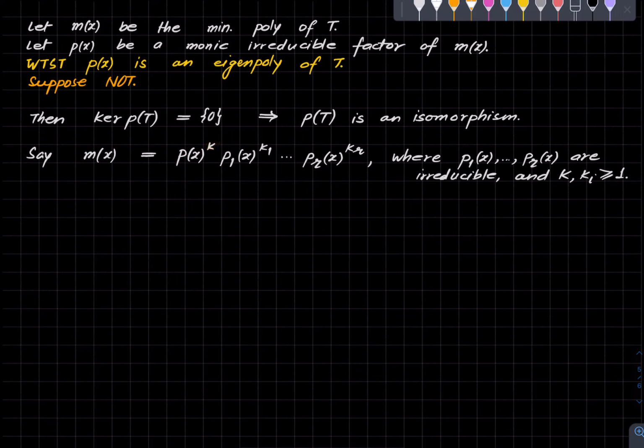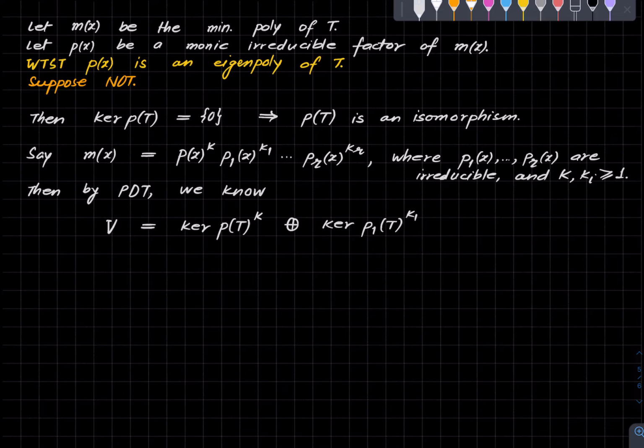So suppose we have that, then by the primary decomposition theorem, we know that V, the vector space, is the direct sum of these things. But what is this? Well, since this is an isomorphism, every power of this is also an isomorphism. Therefore, this is an isomorphism, and hence this is the trivial subspace. So this is the same as the trivial subspace direct sum the remaining things.